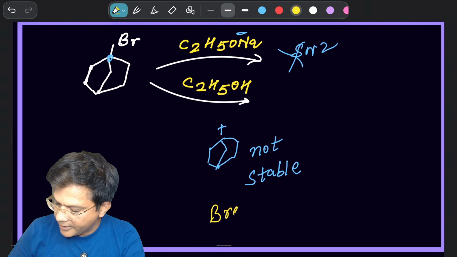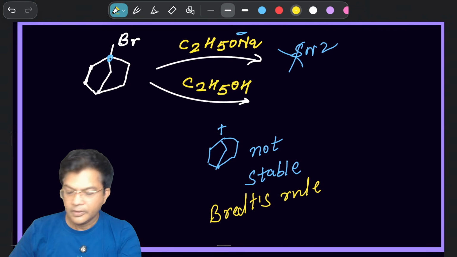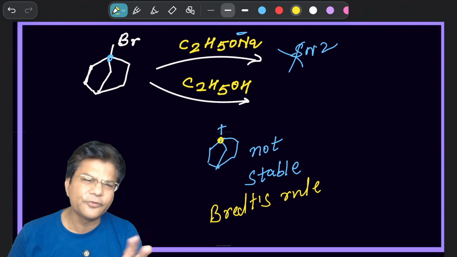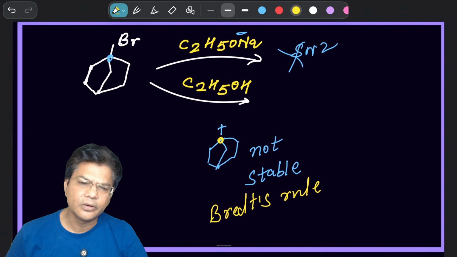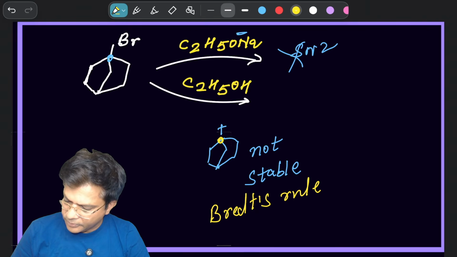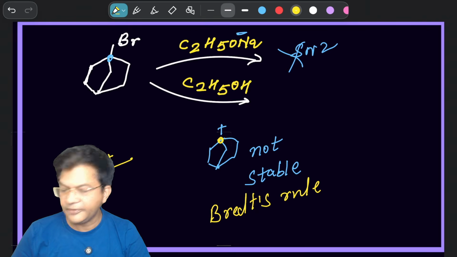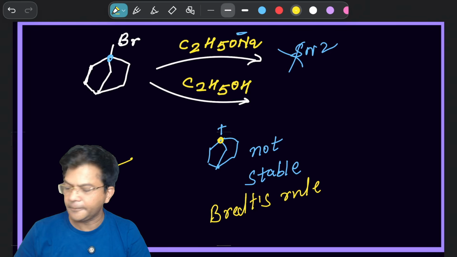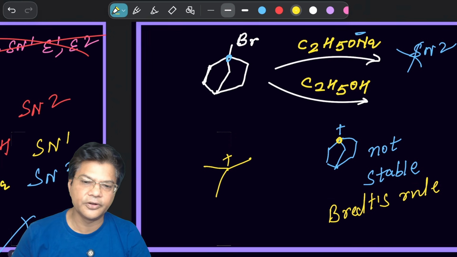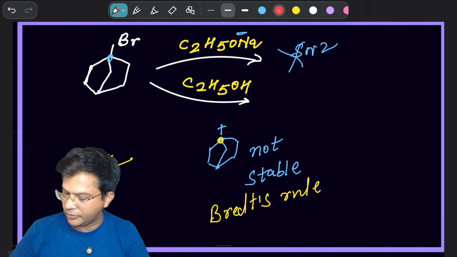What is Bredt's rule? Bredt's rule says that a bridgehead carbon can't be sp2 hybridized. If you don't want to apply anyone's rule, you can see that if it is sp2 it should be planar. If it is planar, its bond angle must be 120 degree, and if it is going to form 120 degree, the ring will break. So 120 degree formation is not possible. So this compound does not exist.